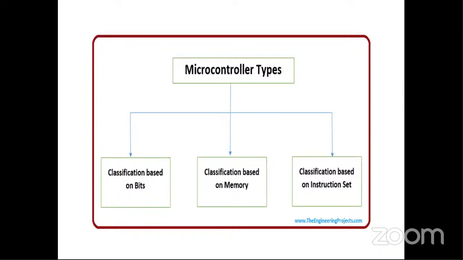Whereas CISC, the complex instruction set computer, has lengthy and more complicated instructions, requires more than one execution cycle, and has vast addressing modes. Another feature of RISC is that the transfer of data takes place from register to register, whereas for CISC it takes place from memory to register or register to memory.